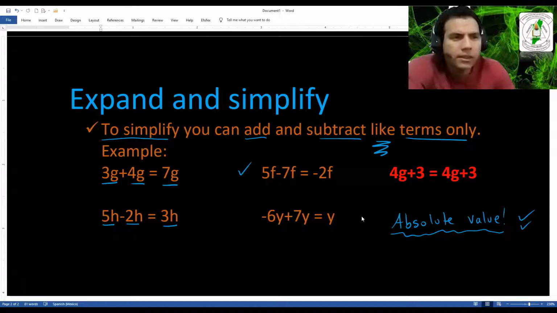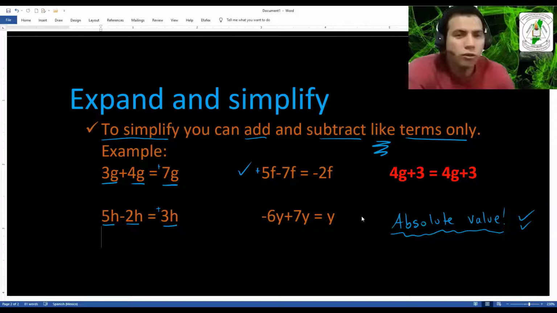So if a number doesn't have a sign, it is positive. Okay? Now, positive 5f minus 7f. Well, signs are different, and the rule said when signs are different, you subtract. So if we subtract here, we'll get 2. The difference between 5 and 7 is 2.